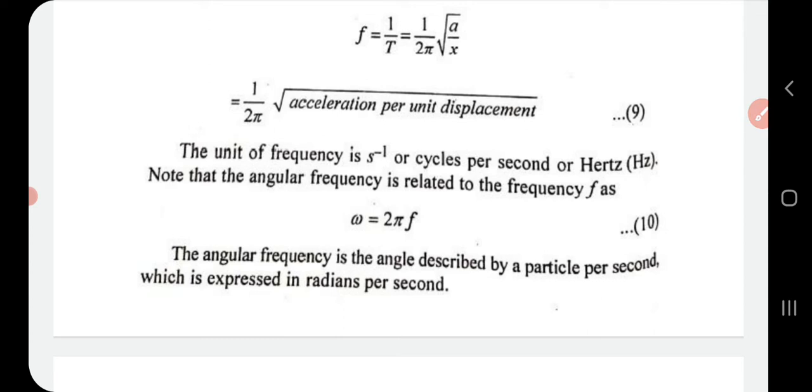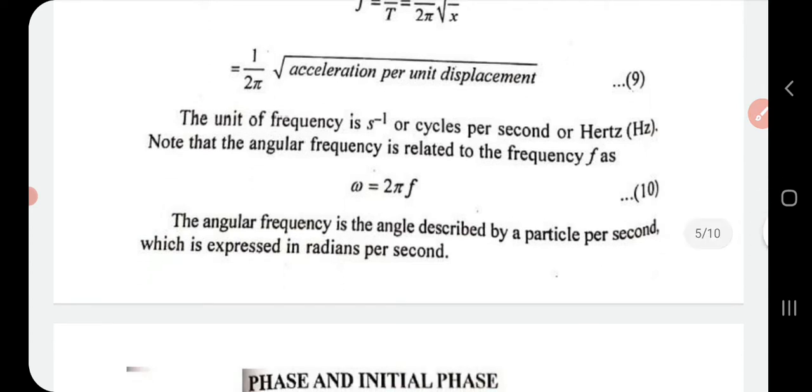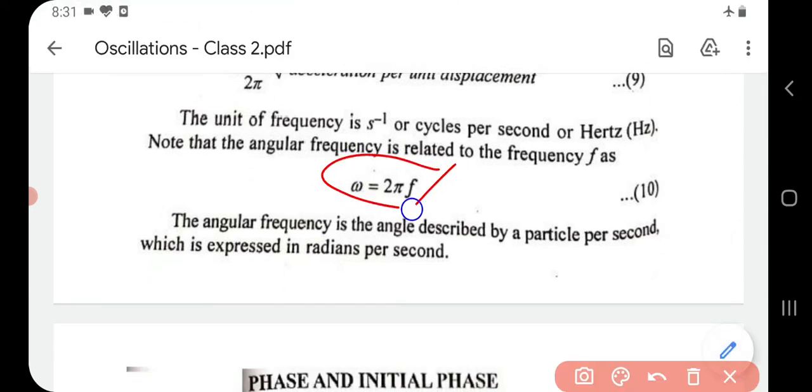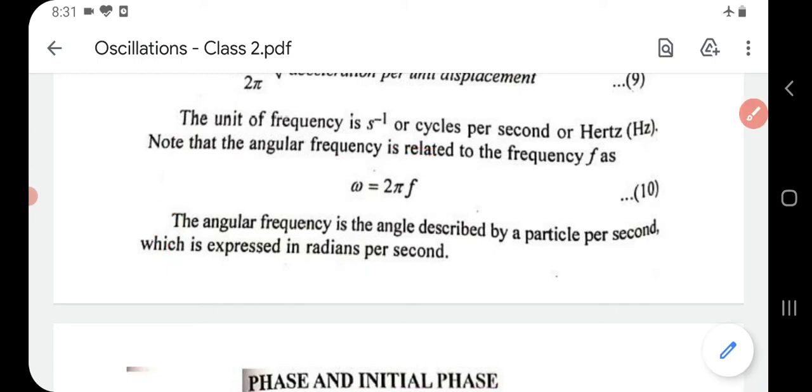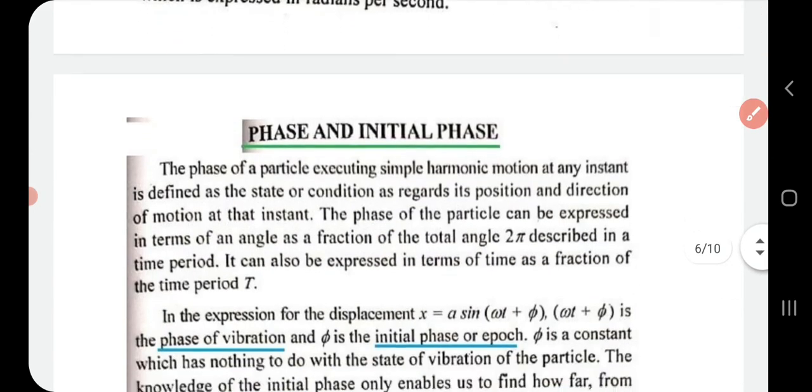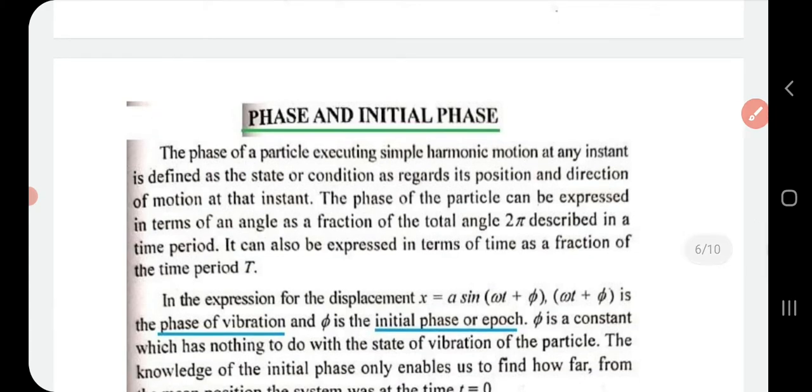Now the relation between angular frequency and frequency is omega equal to 2 pi f, that you know. Now what is the definition of angular frequency? It is the angle described by a particle per second and it is expressed in radians per second. Next one, phase and initial phase.